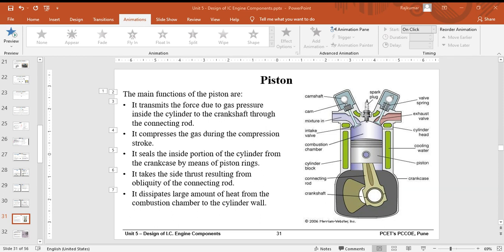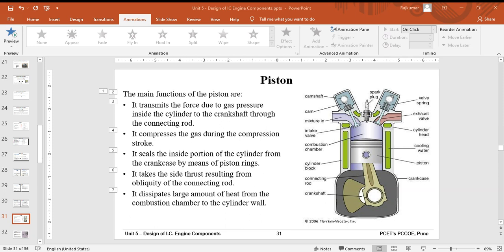So before starting, we need to first of all find out what the design requirements of the piston are. First, of course, it should have sufficient strength to withstand the force due to combustion of fuel, and also the inertia force due to reciprocating parts. So strength is one of the important criteria.